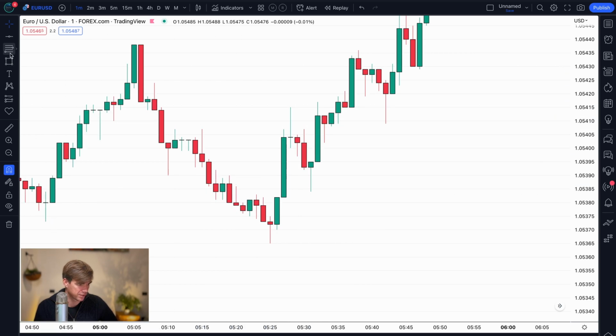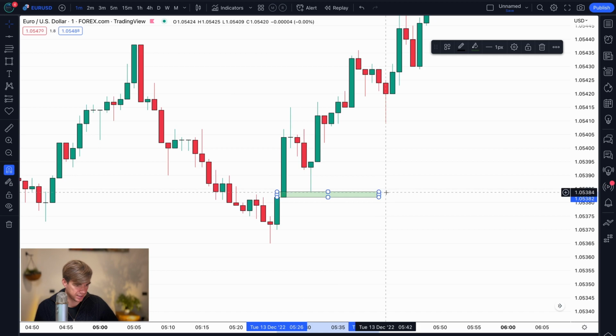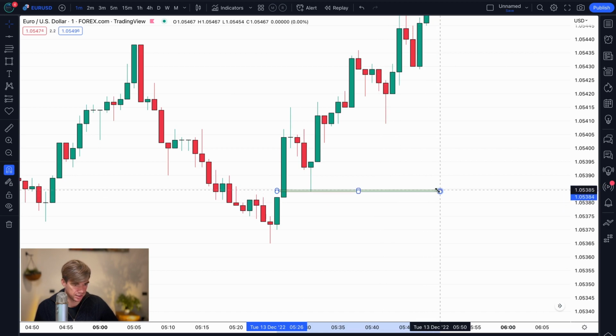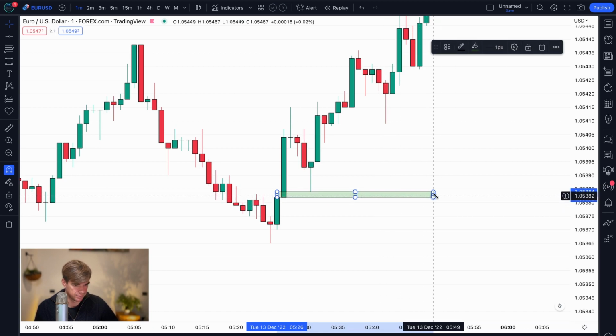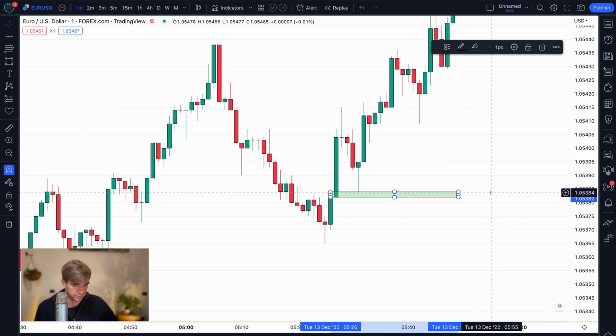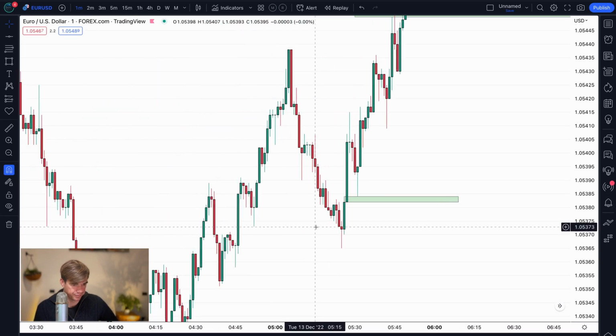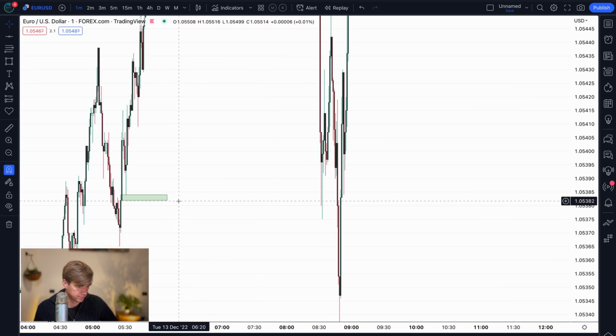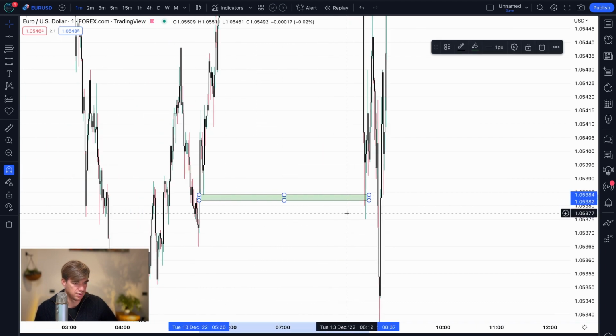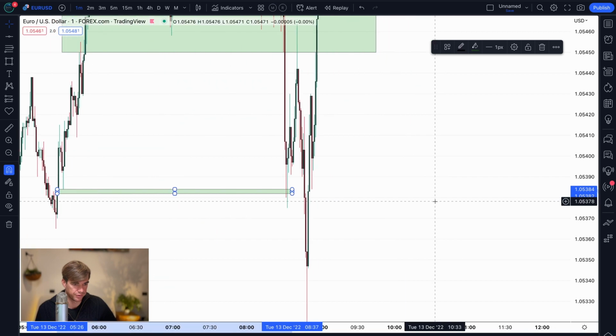A small one, but it was there. If I extend that to the side, it's going to be hard to handle, but we're going to do it. That value gap got filled.